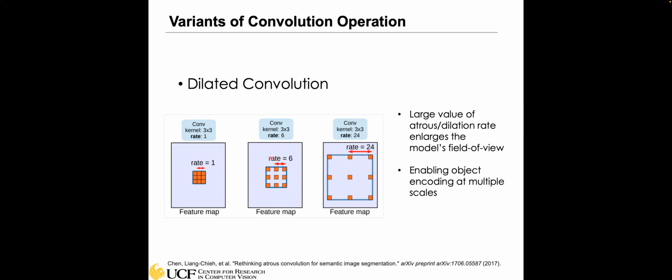Say you use the normal 3x3 convolution with dilation rate equal to 1, and you also use another set of kernels with dilation rate equal to 2 or 3, and another set with the dilation rate even larger, like 6 or even 8. In this case, you are able to capture this kind of multi-scale, multi-resolution feature, right? You have the finest, and then more global information as the dilation rate increases.